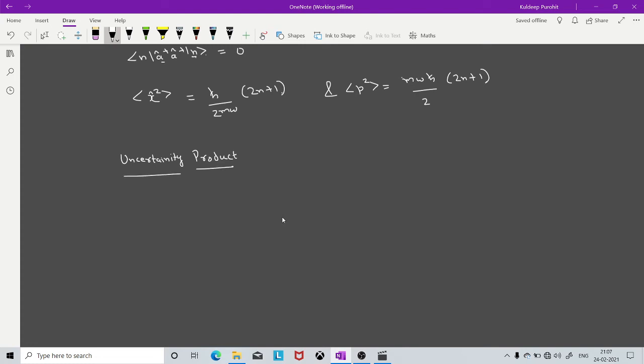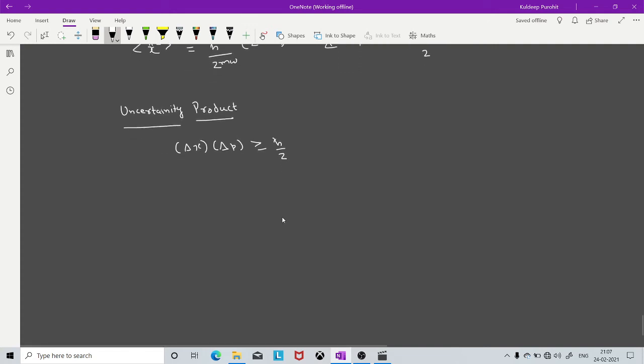You must be knowing that the uncertainty product is given by delta x into delta p, and it is always greater than or equal to h cross by 2. This is what the uncertainty relation in quantum mechanics says. So let us calculate the uncertainty product for the ground state.